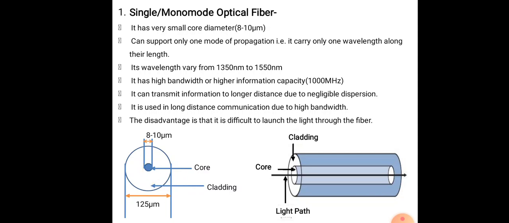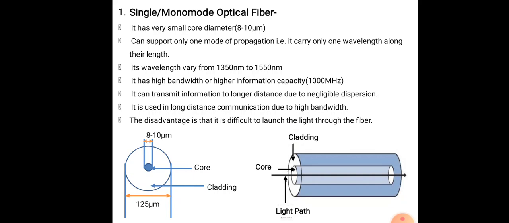Understood? Why is it called single or monomode? Because mono means single, so this type of fiber supports only one mode of propagation, that is, it carries only one wavelength along its length, and hence it is known as a single or monomode optical fiber.